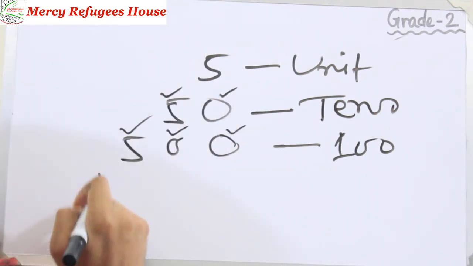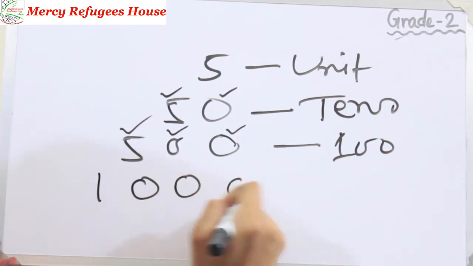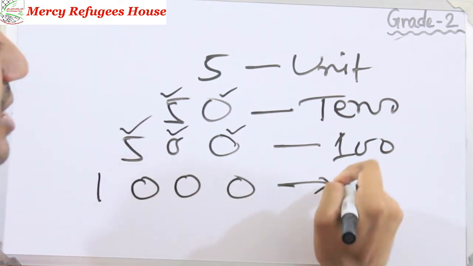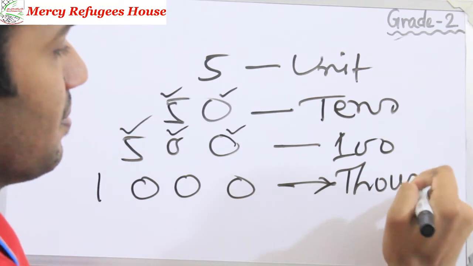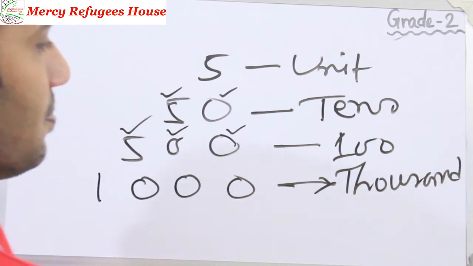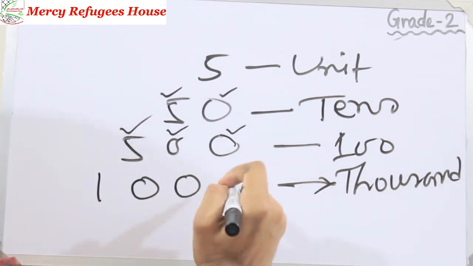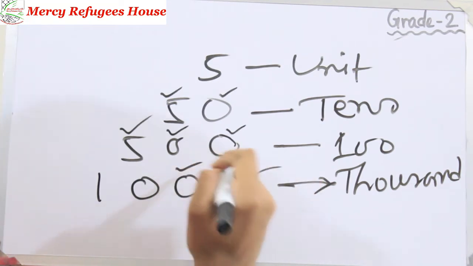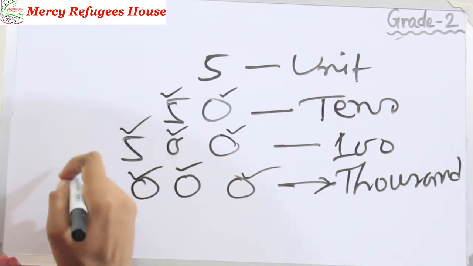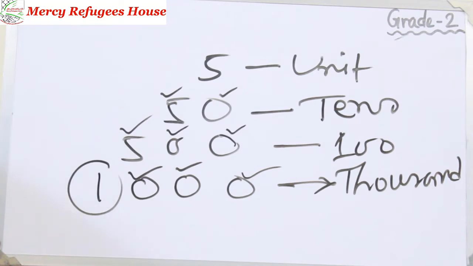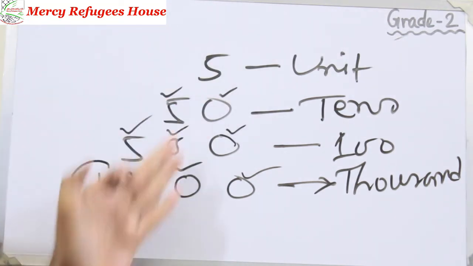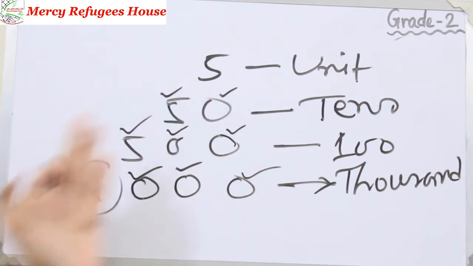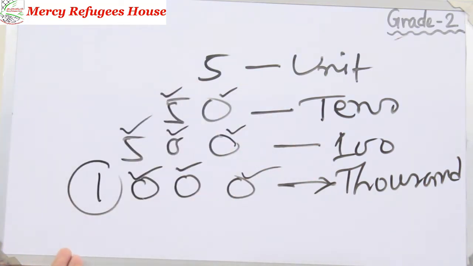If we get a number with 4 digits, it is thousands, right? Now in 1,000, this is unit, this is tens, this is hundreds, this is thousands. This is what the student should learn from this very first page of this chapter.